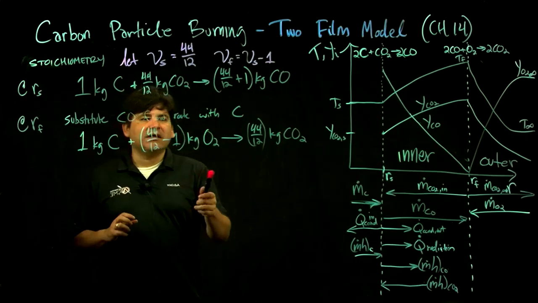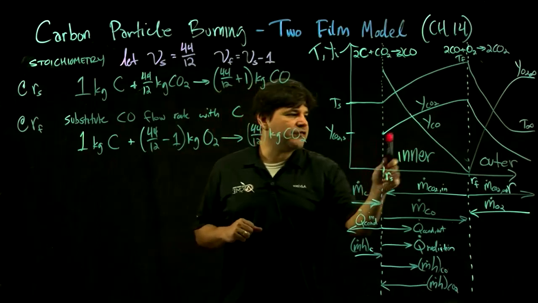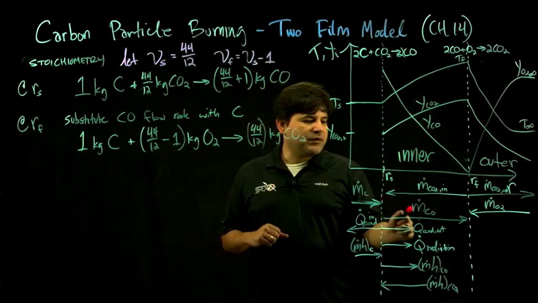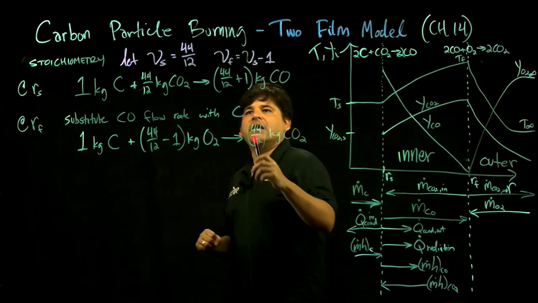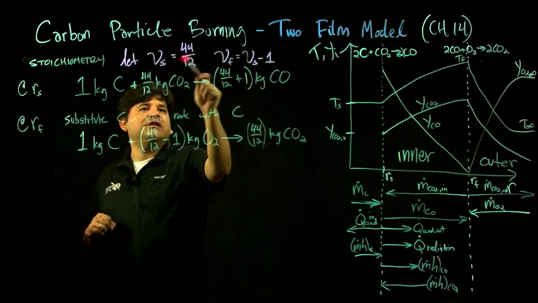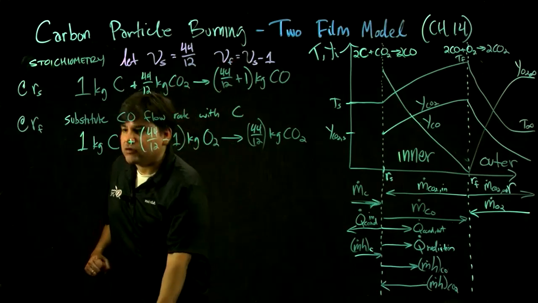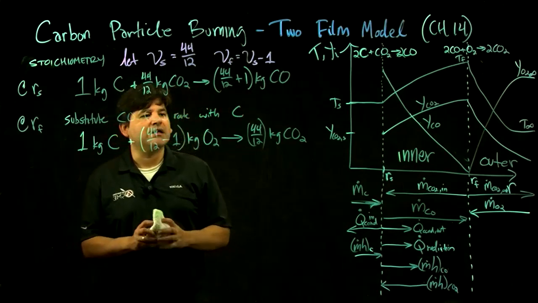So these mass balances at these two interfaces, these two films, are expressed in terms of carbon after doing these mass balances. And that shows us that we have these coefficients that have to hold to conserve mass.